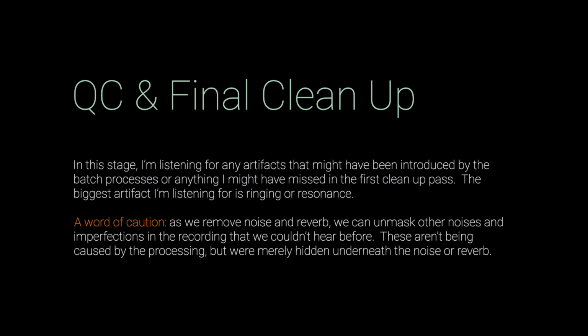If I do need to do any additional denoising, or any other kind of cleanup work, I'll do it right here. And once I'm done making any changes, if I have to make any changes, I'll save the file with the suffix to let me know what extra steps were taken.